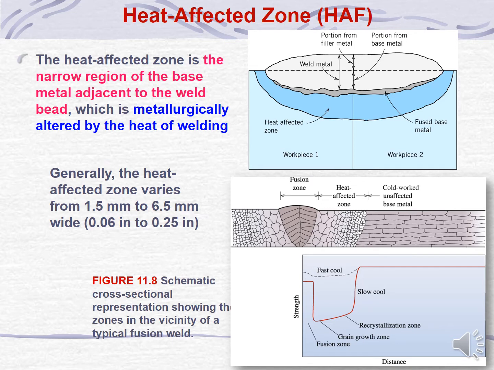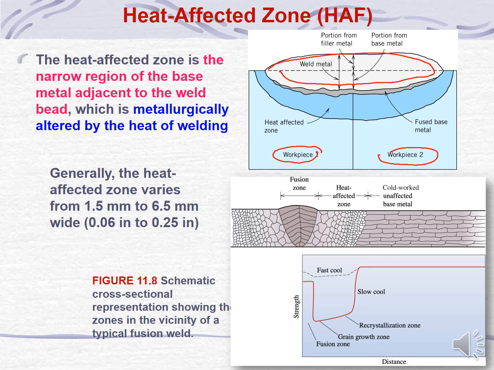This is the fusion joint, or we call it the weld metal. Here you can see two work pieces, work piece 1 and work piece 2, joined together using the welding process. The welding process will form a weld bit on these two work pieces.